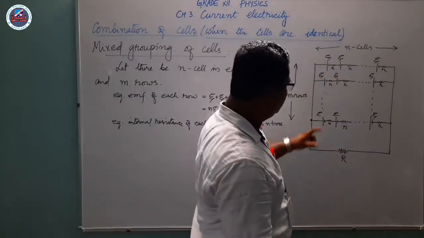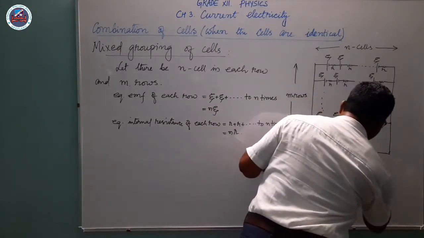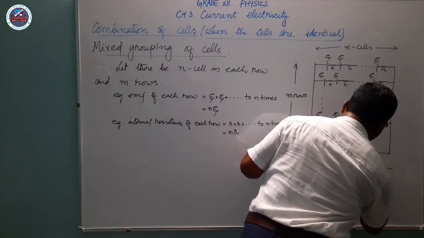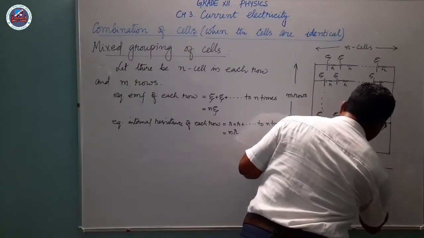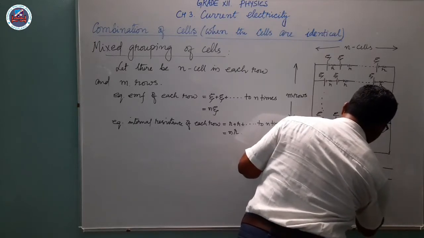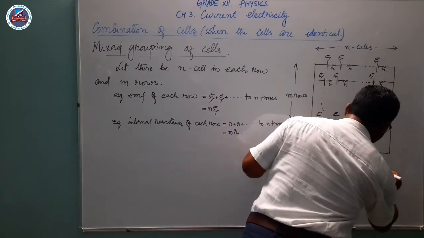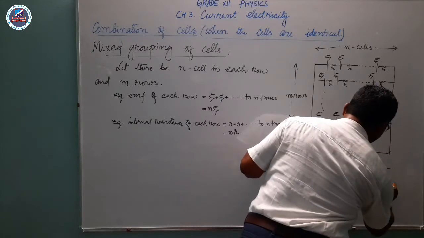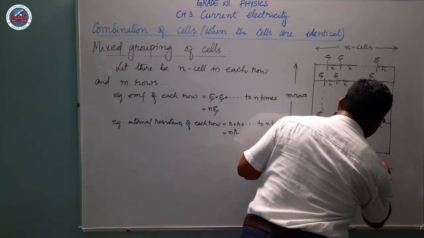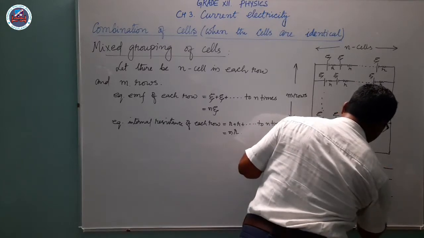After you do it for each row, your circuit will change like this. You follow the equivalent EMF and equivalent internal resistance. So it will look somewhat like this. Everywhere you got nR, and here n epsilon, n epsilon.